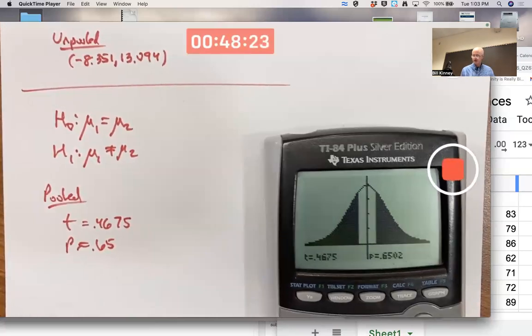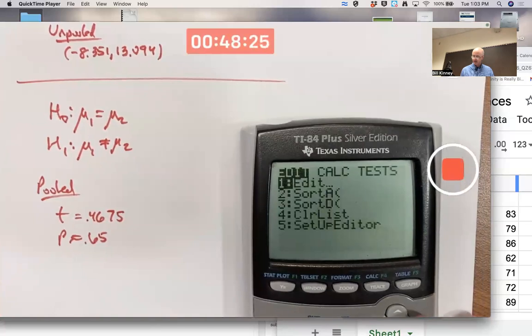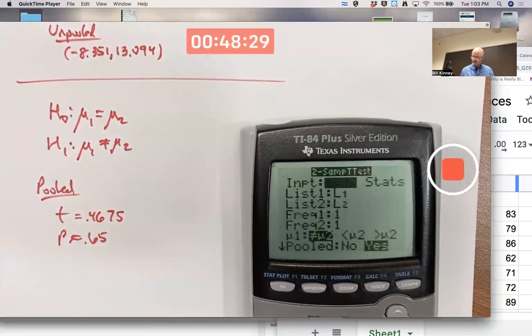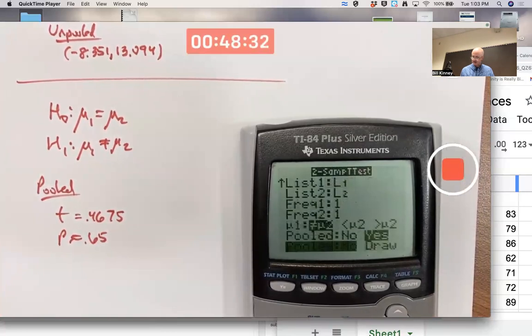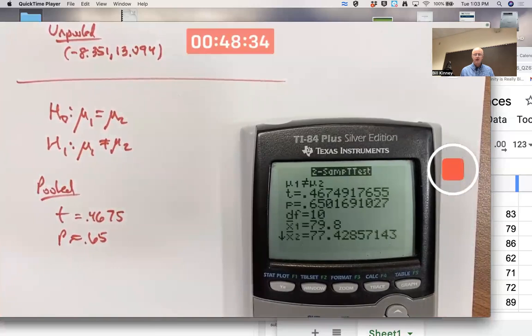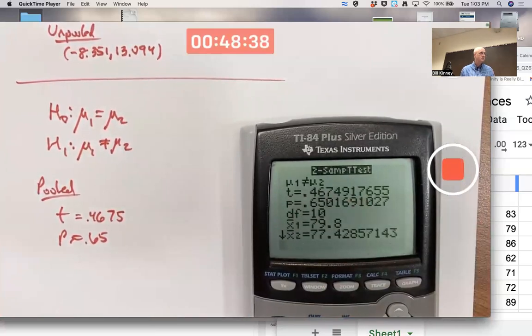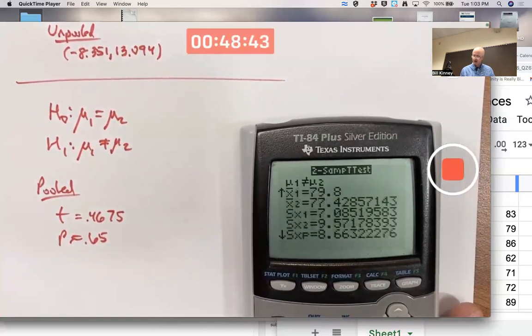It's not showing the degrees of freedom here. If we had done the test without graphing it, would we see the degrees of freedom? Just calculate. Yeah, degrees of freedom is 10. That's 5 plus 7 minus 2. Same x1 bar, x2 bar as before.